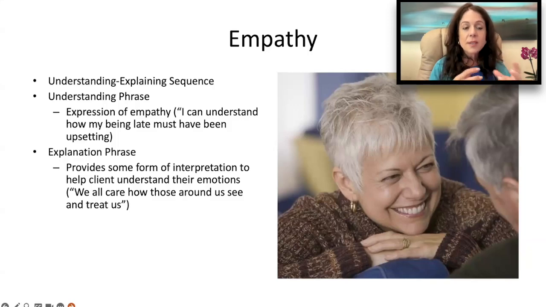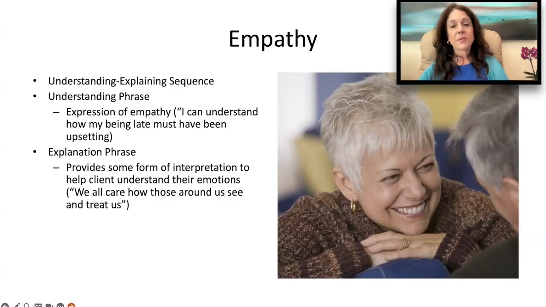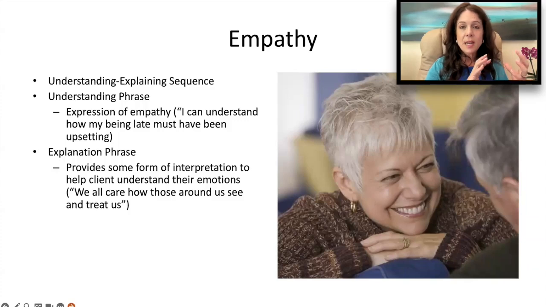It's the explanation phase where you introduce the interpretation to promote insight. So, empathy followed by interpretation. You don't ever just jump straight to interpretation. You try to have some of that empathy to balance things out, at least in object relations in the later phase.